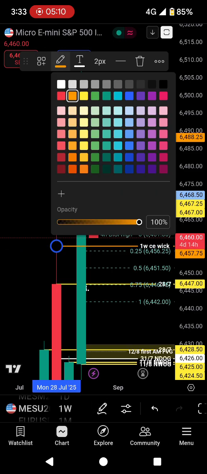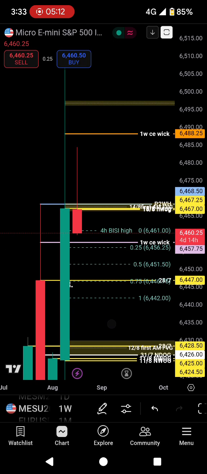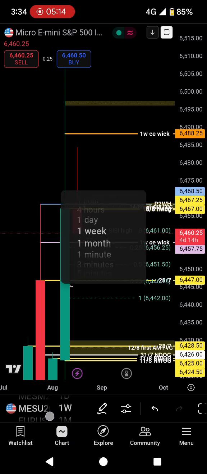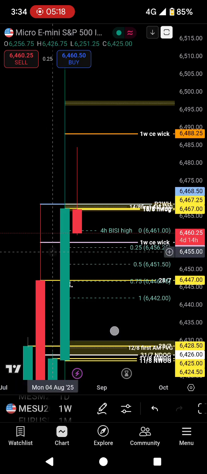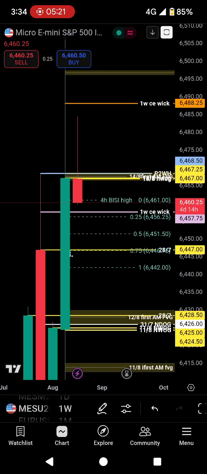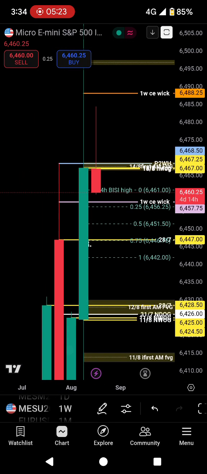I would like to change the color for this one. Maybe this color. Okay, good. So now looking at this chart, where are we likely to reach for this weekly CE week, and we shall see what kind of reaction we're gonna get.